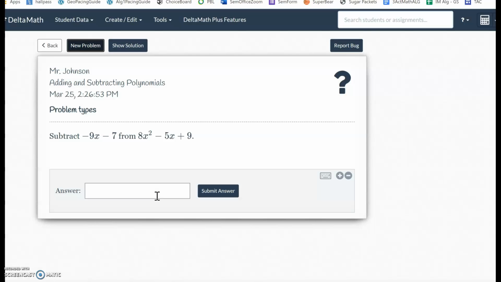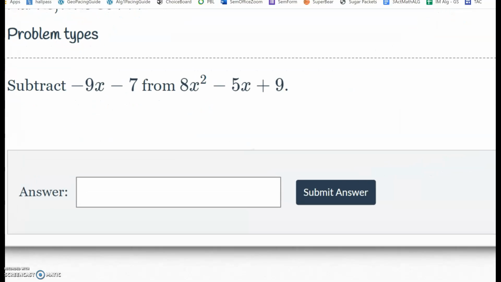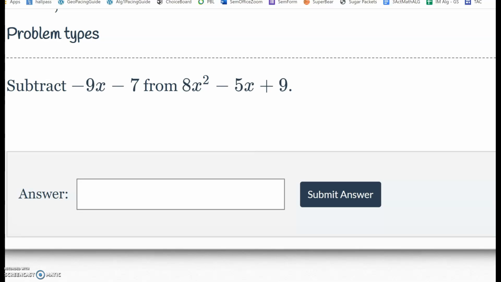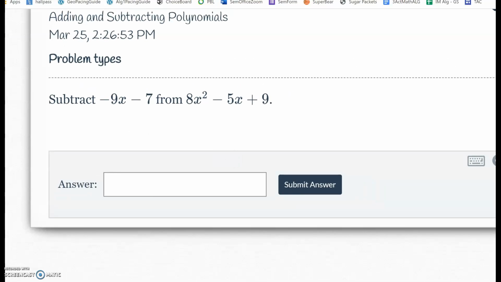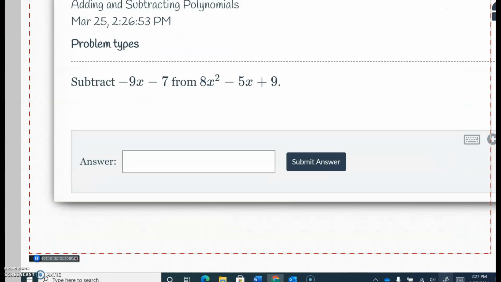There we go. This will be our last example that we do. So in this example, it says we're taking negative 9x minus 7 and we're subtracting it from 8x squared minus 5x plus 9. So watch how I write this out. The way that it's worded, it's actually backwards.